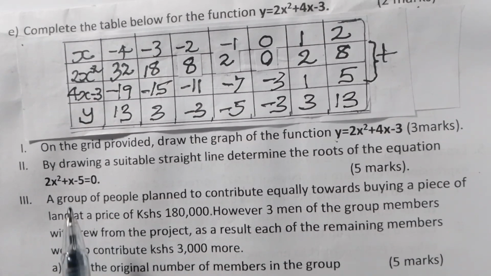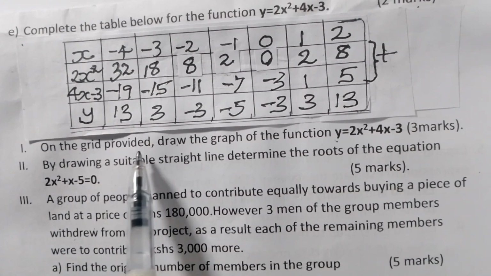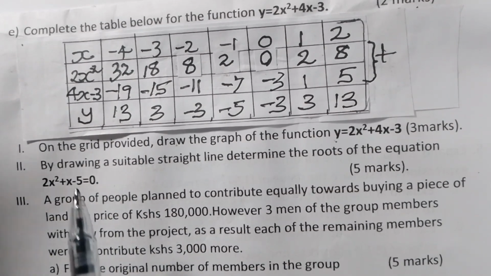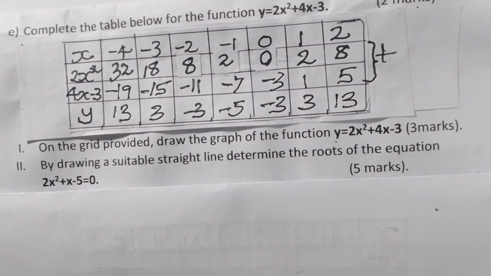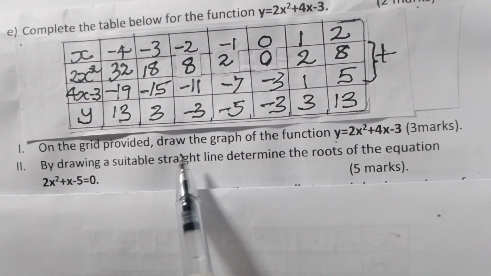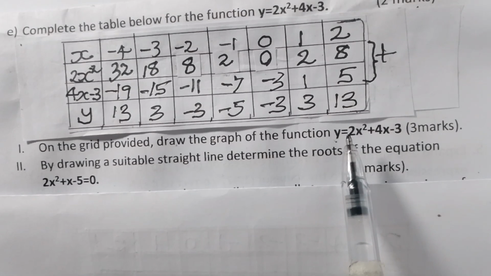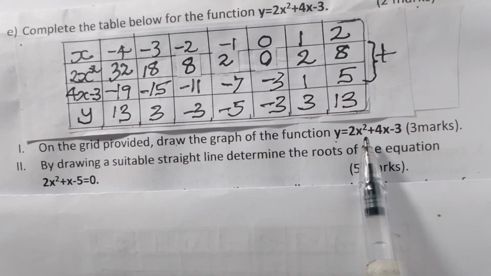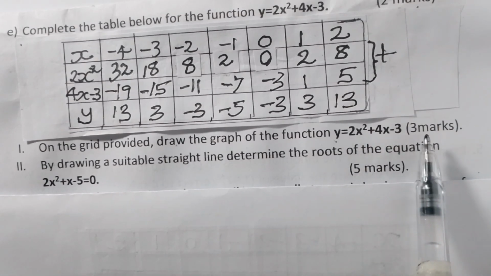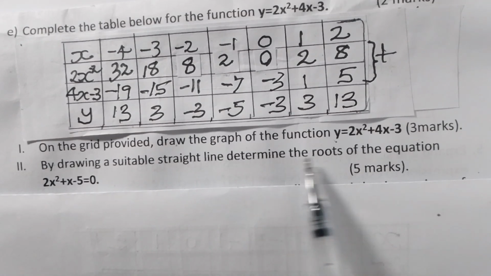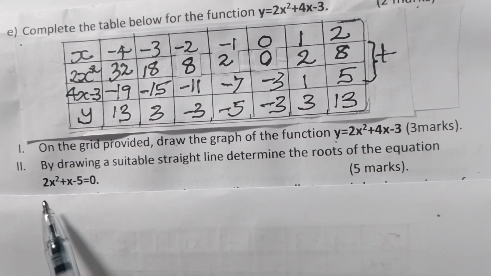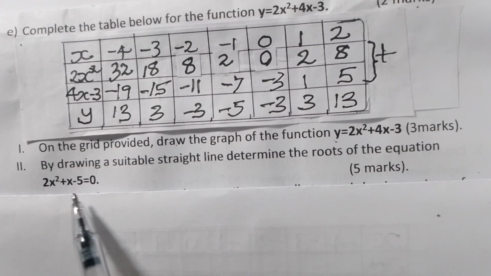So we go to the second question. On the grid provided, draw the graph of the function y is equals to 2x squared plus 4x minus 3, and then by drawing a suitable straight line, determine the roots of the equation 2x squared plus x minus 5 is equals to 0.